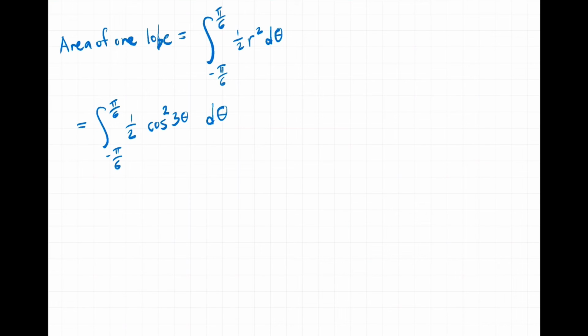Now, we know that when our trig functions are being squared, or have an even power in general, it's going to be difficult to solve this by a u substitution. Again, the 3 theta is not really a problem here, but solving our antiderivative of cosine squared of anything is difficult. What we need to use is the power-reducing formula, or the half-angle formula.